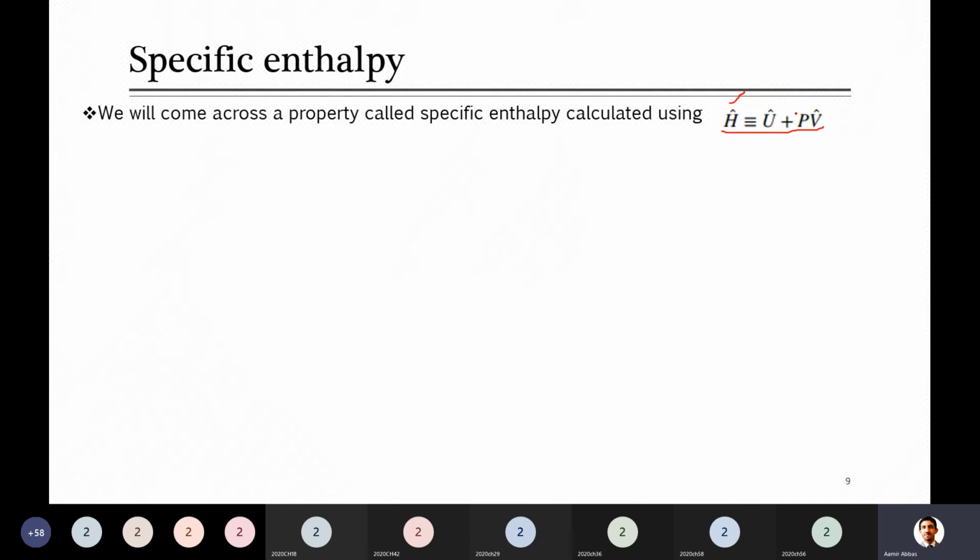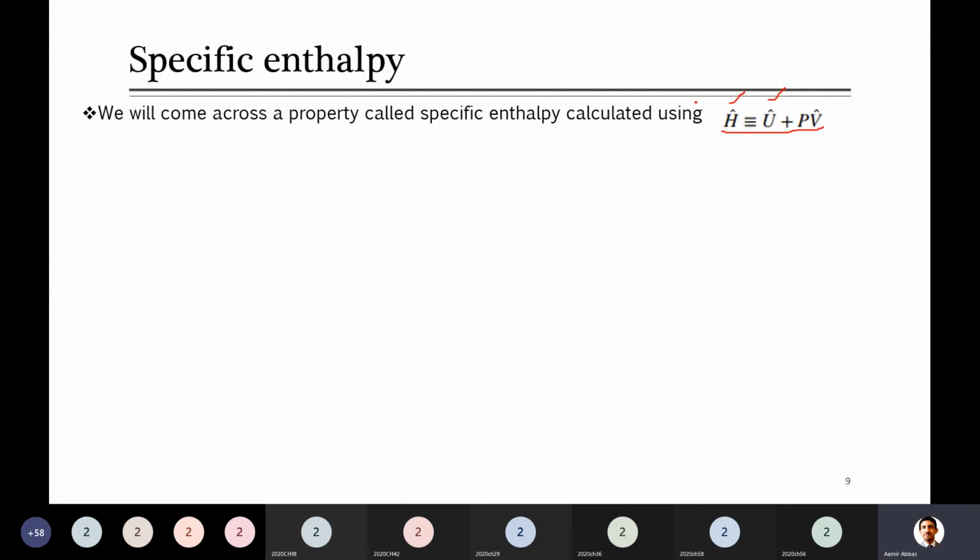But the other reason is, as I told you, sometimes you are given data in the literature in the form of internal energy, but a lot of data for various chemicals is available in the literature at any given temperature and pressure in the form of specific enthalpy. So this is one of the equations you will be using, or H you will be using a lot inside chemical engineering.